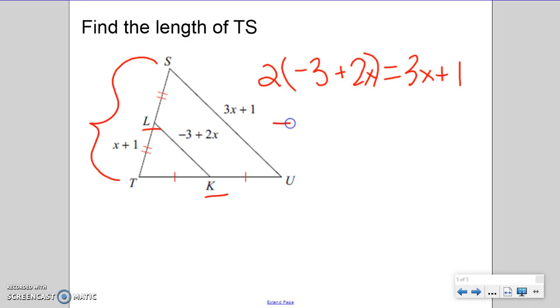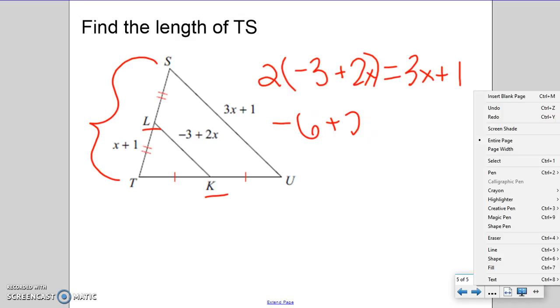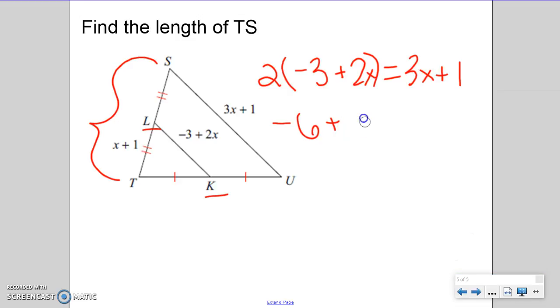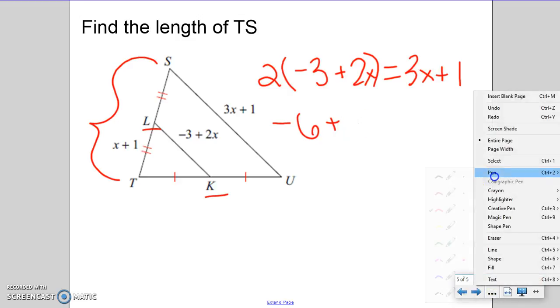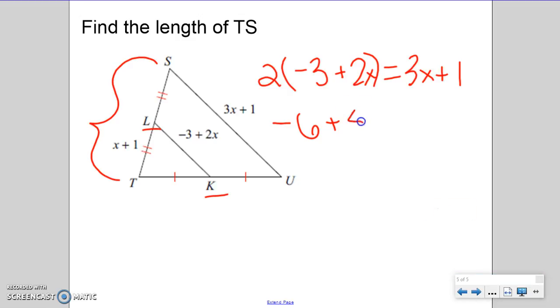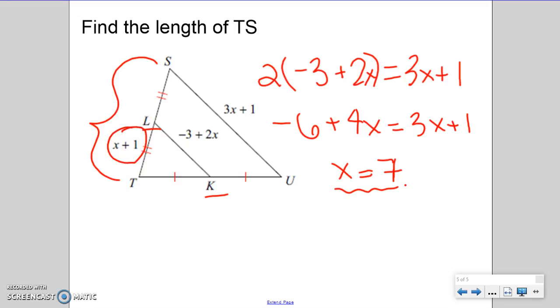So this would give me -6 plus 4x, because I can correctly multiply by 2, equals 3x plus 1, which is going to lead us to x equals 7. So now that I know the value of x, I can substitute that into x plus 1.